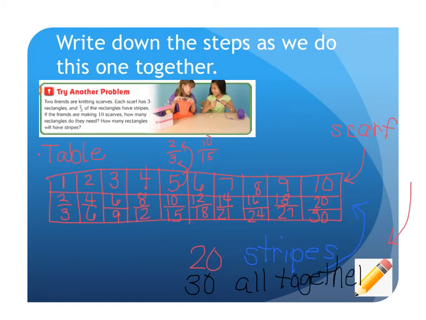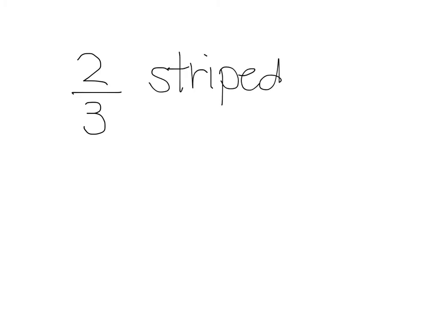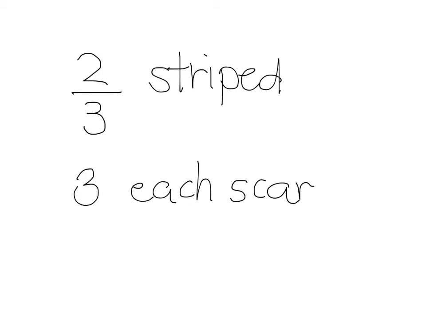Now, I want you to think about this. Could I have thought about what I knew to be able to solve that problem? Let's check it out. If I knew that 2/3 of the rectangles would be striped, and they needed 3 for each scarf, instead of just making that big long table, I could also have said, if they're making 10 total, I'm going to need 10 of each of these.